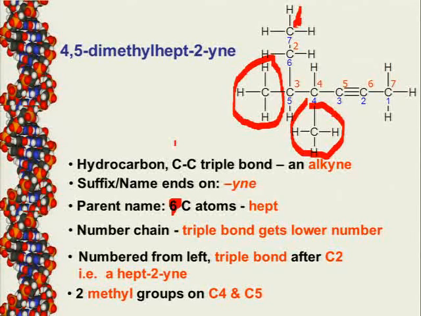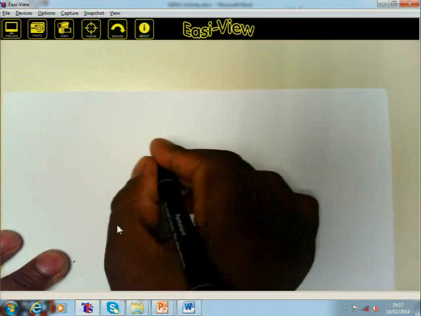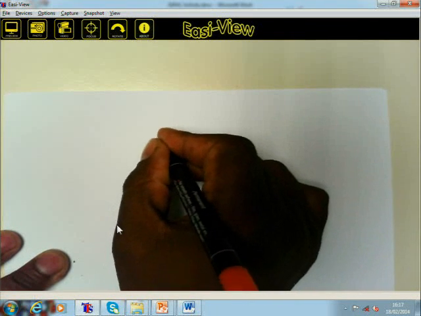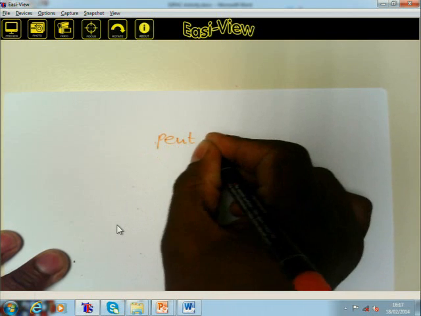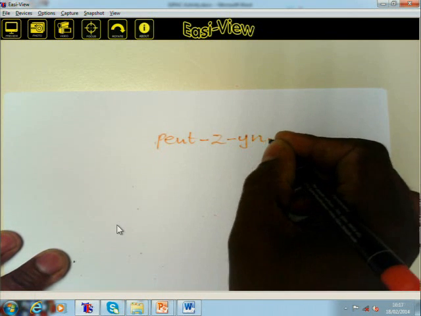How do we draw the structure indicating the triple bond? Let me switch over to this so that you can all see. Let's say here they give you pent-2-ine.